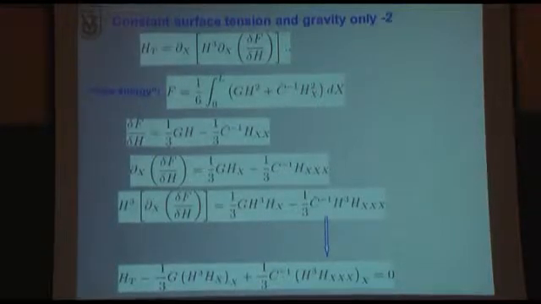Now let me explain what you see here. delta f by delta h is a variational derivative of some f, which I don't know yet what it is, with respect to h. h is the dimensionless thickness of the film. And this is dx, the x derivative of the result of this variational derivative.